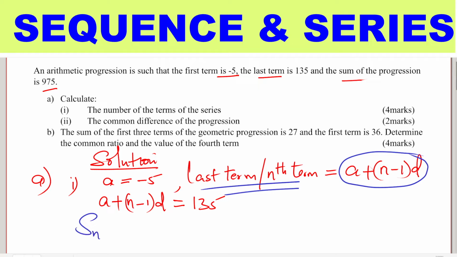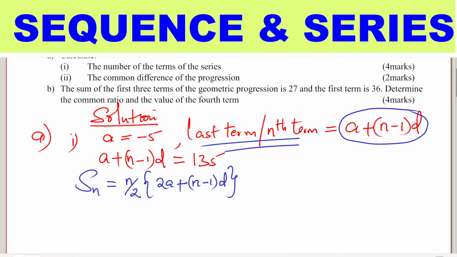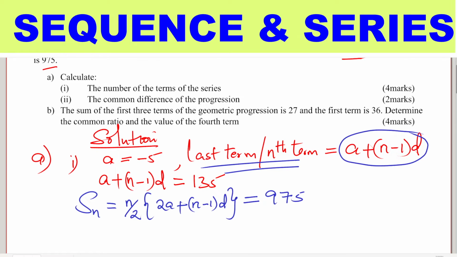The sum of a number of terms, let's say n, in arithmetic progression is given by n divided by 2, then we have 2a plus n minus 1 multiplied by d. So in this case, you're given that the sum of a given number of terms, which you don't know, is equivalent to 975. So now having these expressions, having A equal to -5, having the last term as 135, and having this sum, we should now get the number of terms.